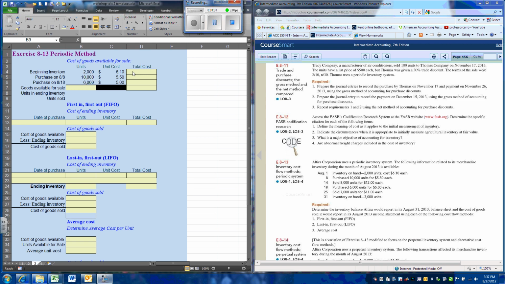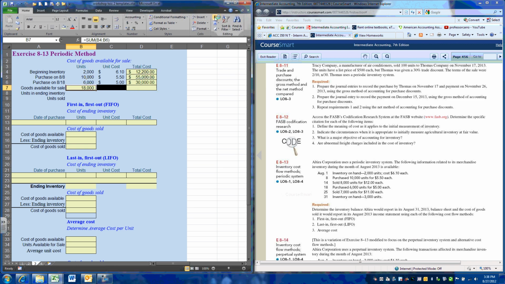This company began the period with 2,000 units that cost $6.10 each, so the total cost was $12,200. We made two purchases. The total costs for each have now been extended, and during the period, the company had 18,000 units available for sale at a total cost of $97,200.